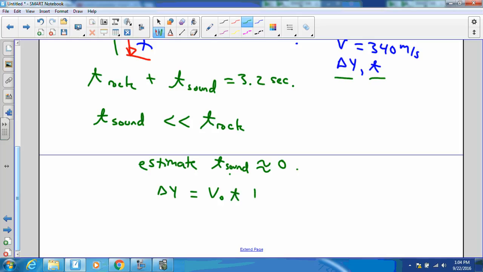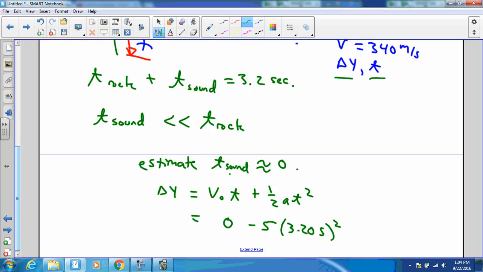So if I do that, the setup is actually really easy. Delta y is equal to v0t plus 1/2 at squared. I dropped the rock with an initial velocity of 0. The acceleration is the acceleration due to gravity. And if I'm assuming that the sound took no time at all, then the rock took 3.20 seconds to fall.